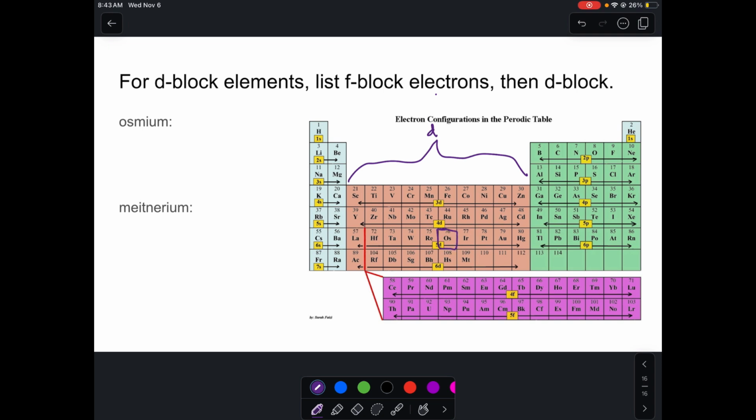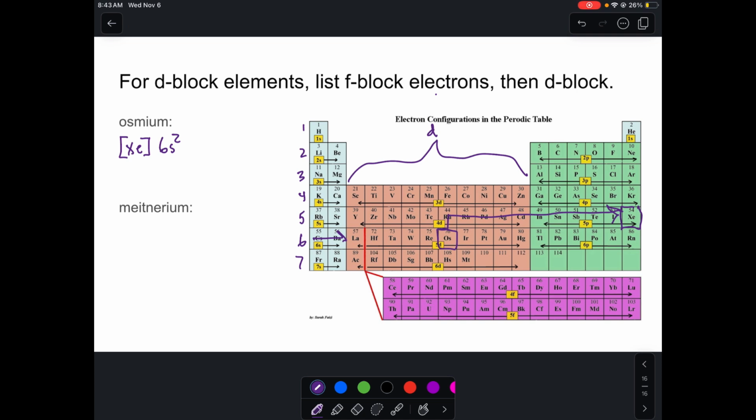What's our most previous noble gas? It's going to be xenon. Let's start with writing xenon. All right, what's after xenon? It's 6s2.